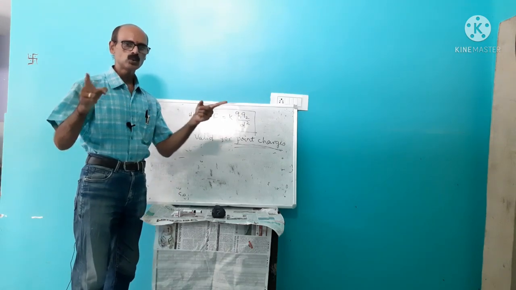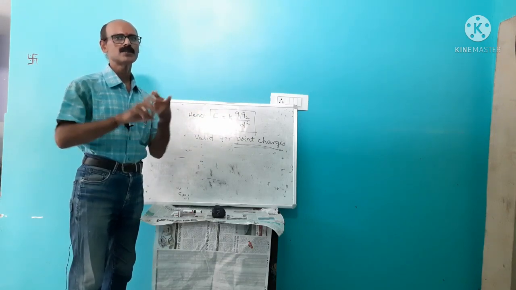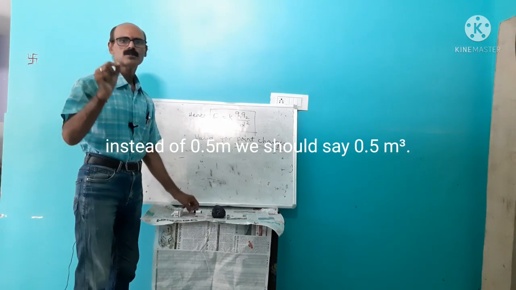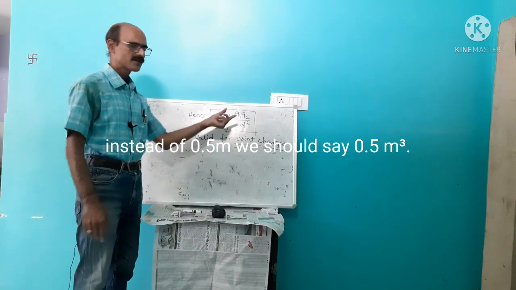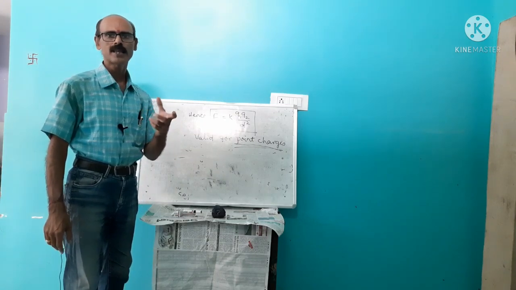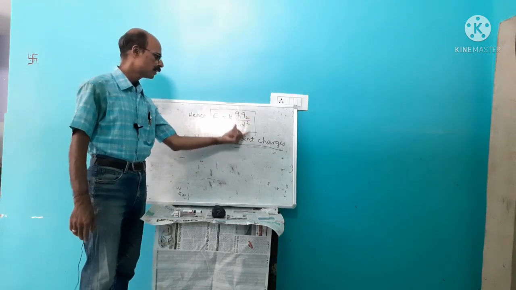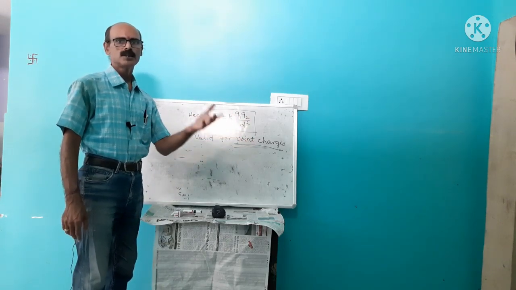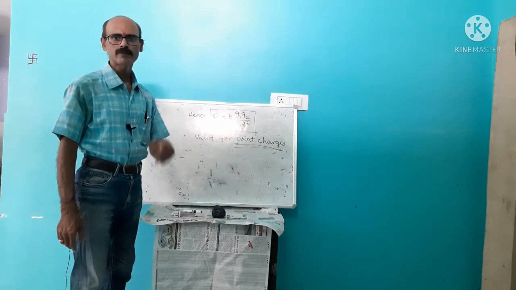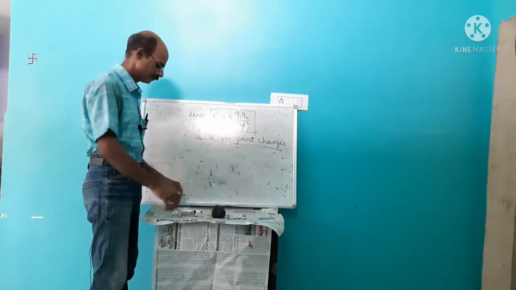Or if the two charges are large enough but their distance of separation is very large as compared to their sizes, suppose the size of each charge is 0.5 meter, and the distance of separation between them is 500 kilometers, then as per the definition of point charges, this 0.5 meter is very much negligible as compared to 500 kilometers. So we can take the two charges to be point charges.